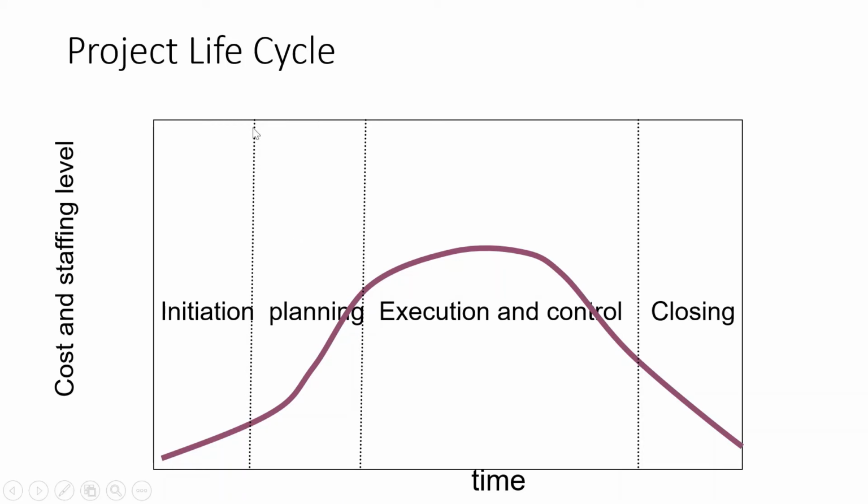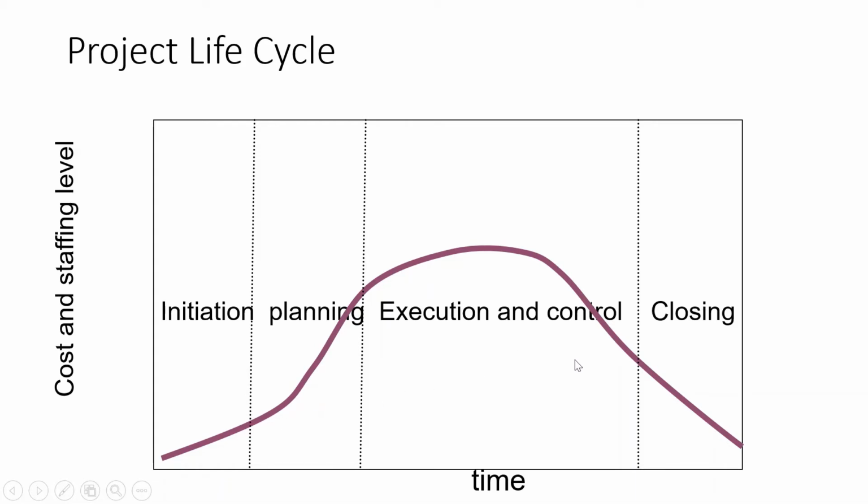Now, the graph you can see is a typical representation of the activities or the time and cost and the staffing level required in a project. This is a typical project life cycle. As time goes on, we start with the initiation and the cost and staffing levels are low, but they increase with time. In the planning phase, they increase.